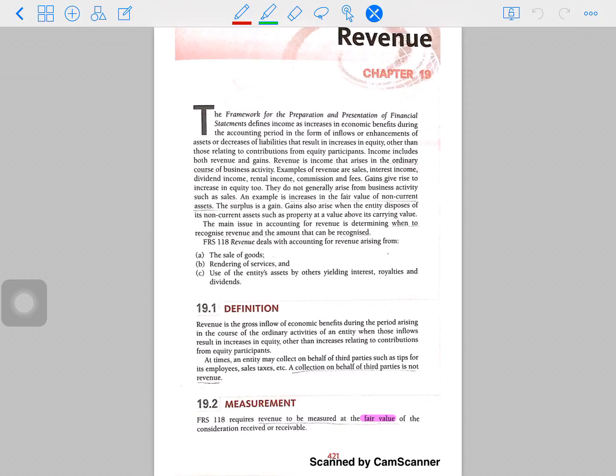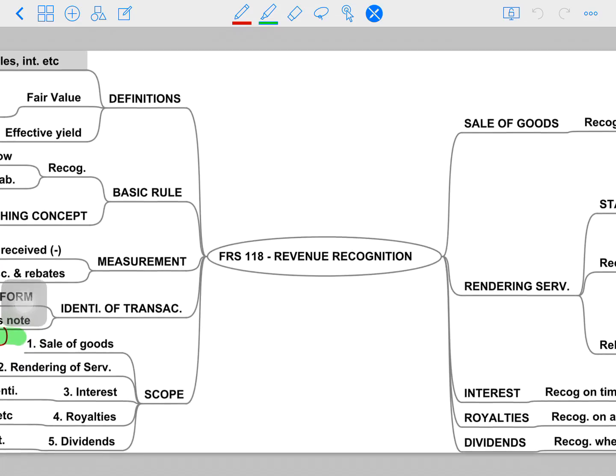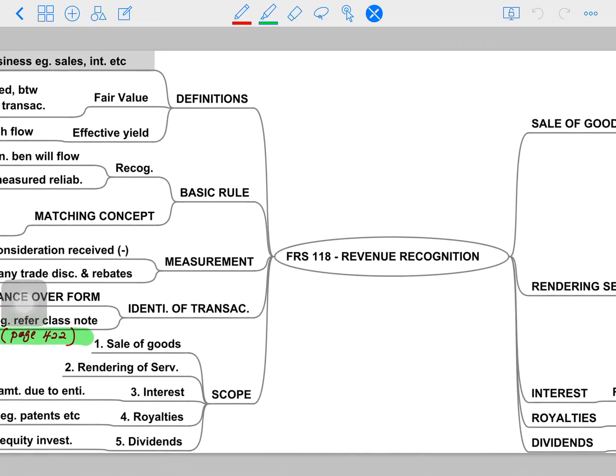I have made it in the form of mind mapping notes for you to easily capture what is needed to discuss in that chapter. Most of this chapter is actually discussed on revenue recognition in terms of the theory part, and then on the application part there is calculation, but minimum calculation.